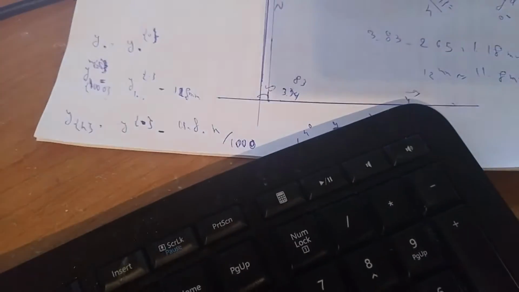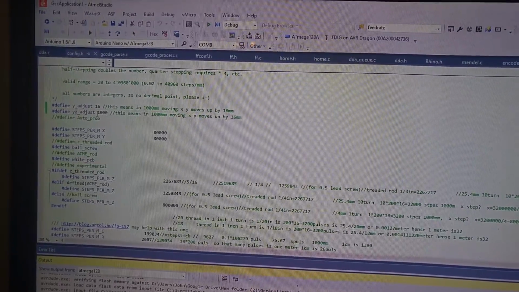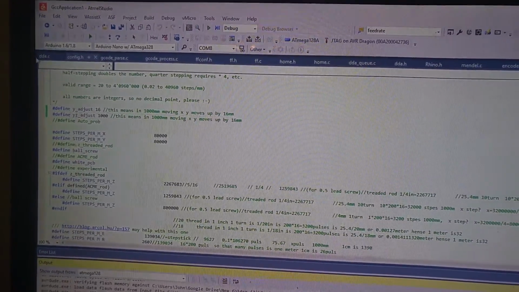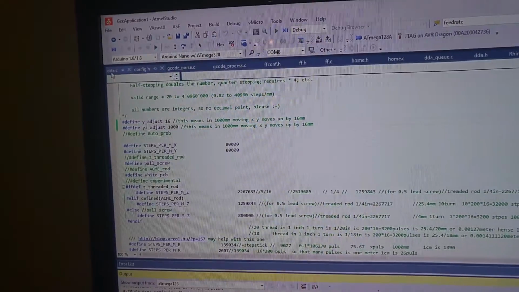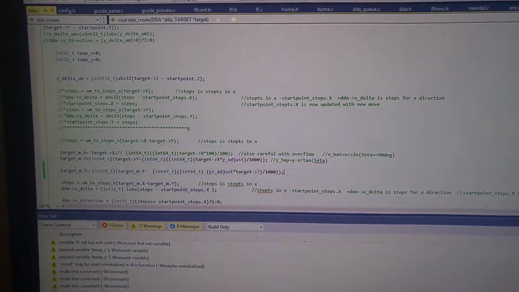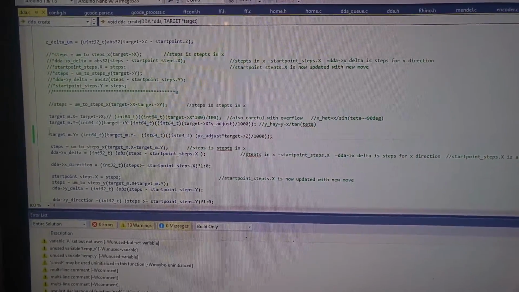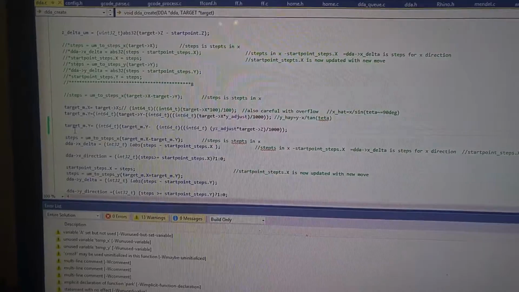And to fix this in the firmware, all I had to do was to come to config.h, define YZ adjust, and I put it as 1000. This should be 11.8. And in the DDA.c, when you create the DDA, you have to do the adjustment. Where's the line?